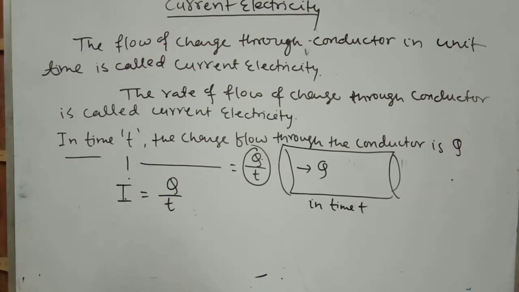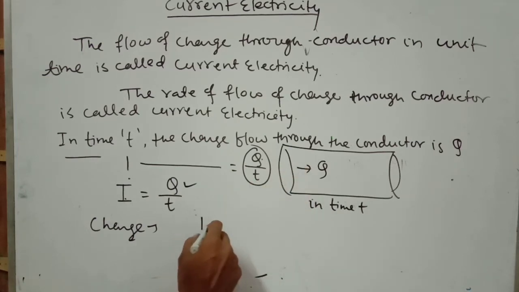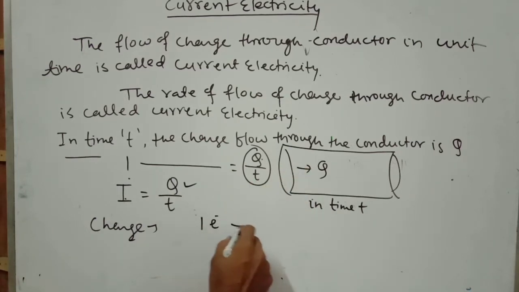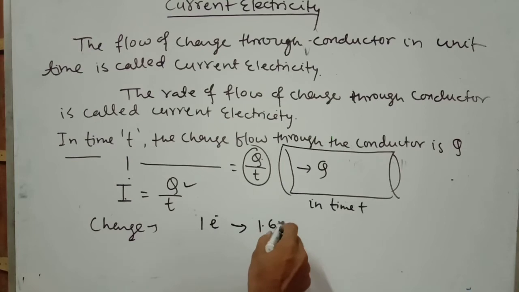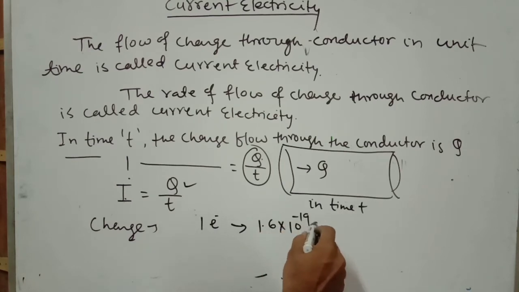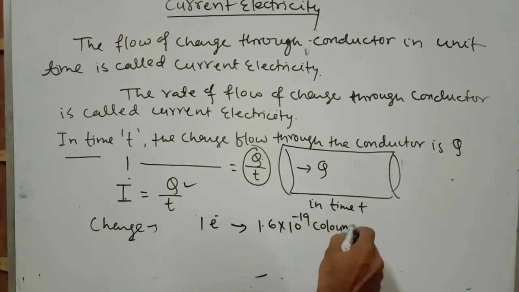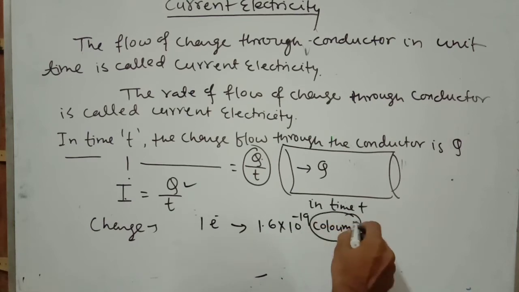So what is charge? Charge is measurable, that means it depends on the number of electrons flowing through the conductor. If one electron flows through the conductor, the charge is 1.6 into 10 to the power minus 19 coulomb. Coulomb is the SI unit of charge.